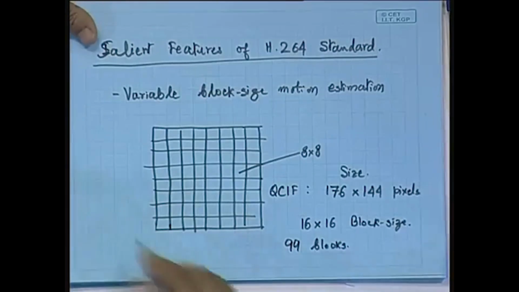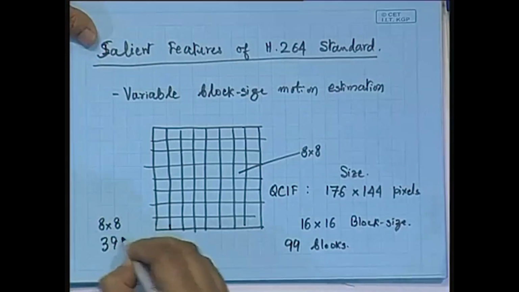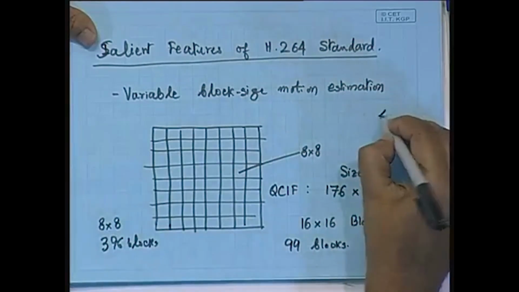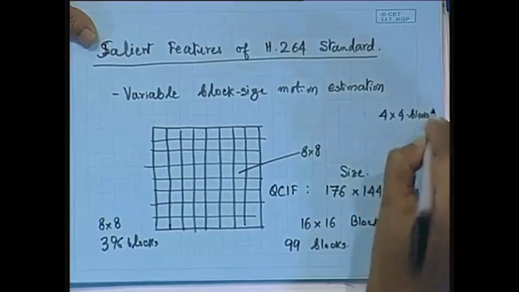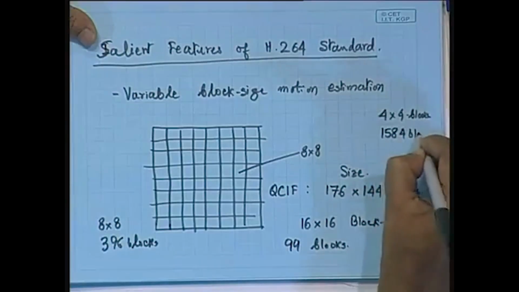If on the other hand we make the block size 8 by 8, we are going to have 396 blocks. If on the other hand I have 4 by 4 blocks, then it will be 396 into 4, that is 1584 blocks. Now, which one is better?